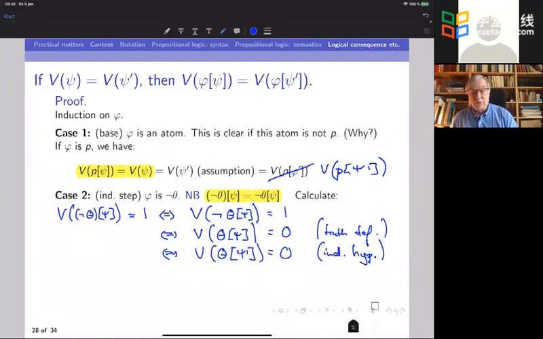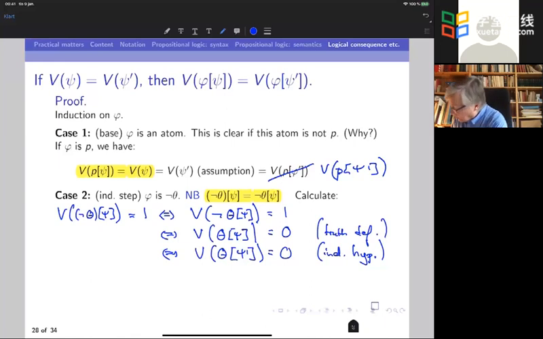So we're trying to prove it for a negated formula, not theta. And we assume that it's already clear for the unnegated formula, which is simpler in the sense that it contains one connective less, right? So the last step we took here, using the induction hypothesis, is the crucial one.